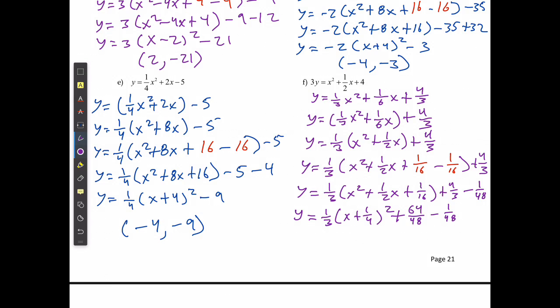Now I can combine these like terms. Y is equal to 1 over 3 x plus 1 over 4 squared plus 63 over 48.